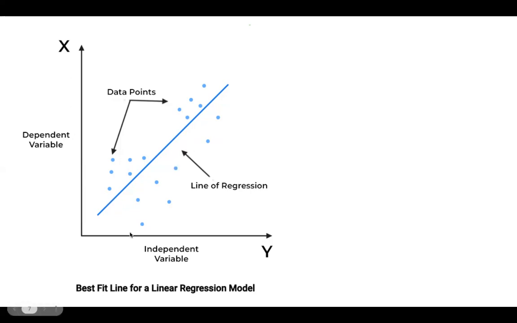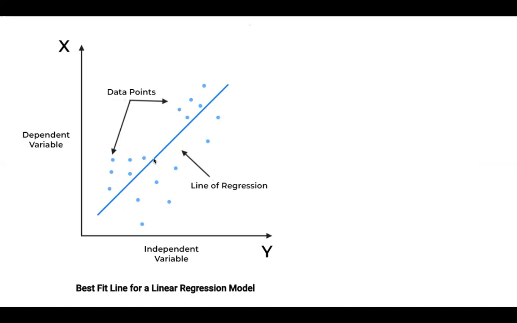If you draw a line here, most of the points would be above. Choose a line here, most of the points would be below. So you choose a best fit line, which is almost equal. It's the least difference between what the line will predict and the actual values.